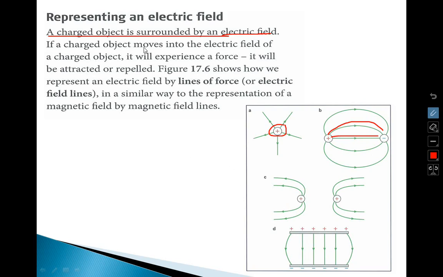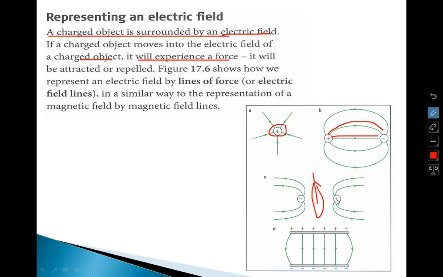So if a charged object moves into the electric field of a charged object, it will experience what? A force. Definitely, it will experience a force. It will be attracted or repelled, so it depends on the kind of charge. For example, here this force is repulsion, because this one is positive and this one is positive.